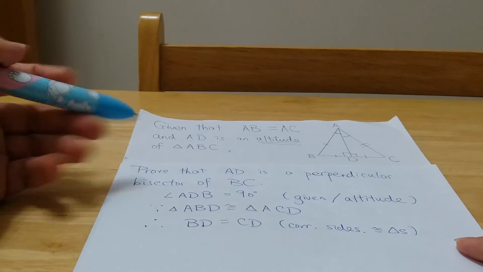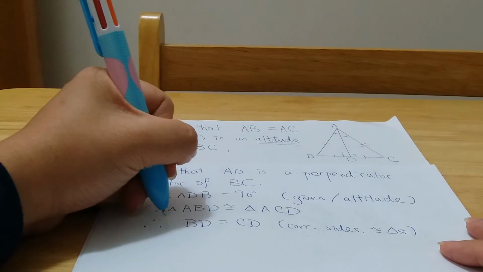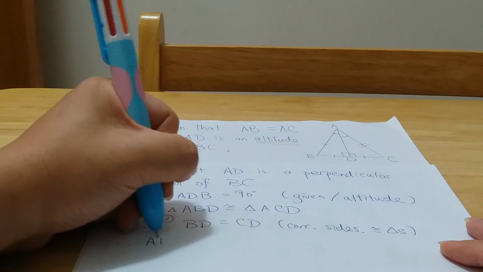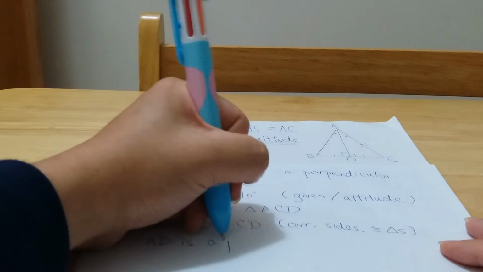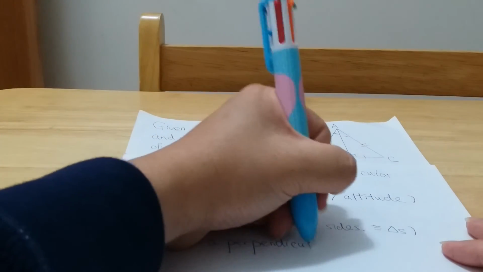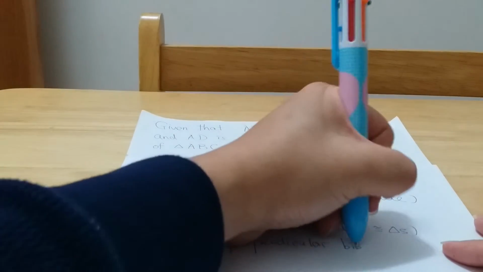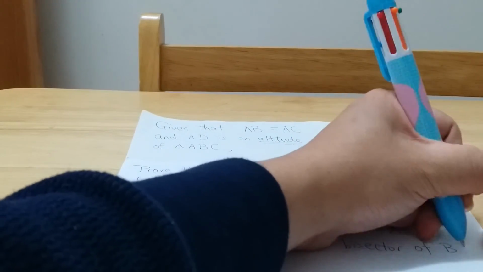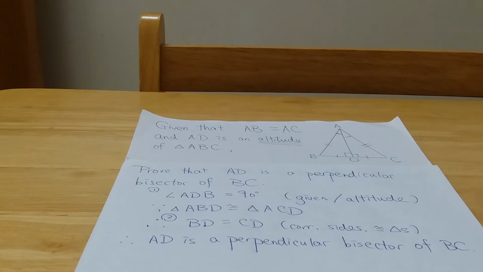We have 90 degrees, the first reason, with BD equals CD, the second reason. So we can write that AD is a perpendicular bisector of BC. Okay, once again, I'll give you 30 seconds for you to understand what I'm writing down.